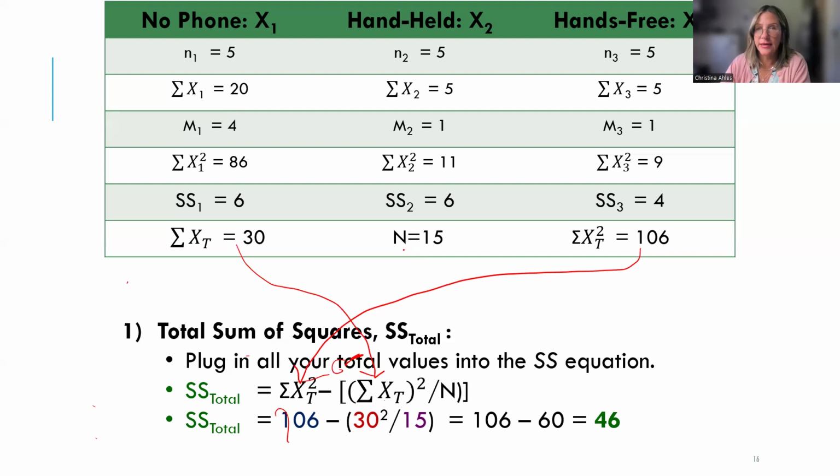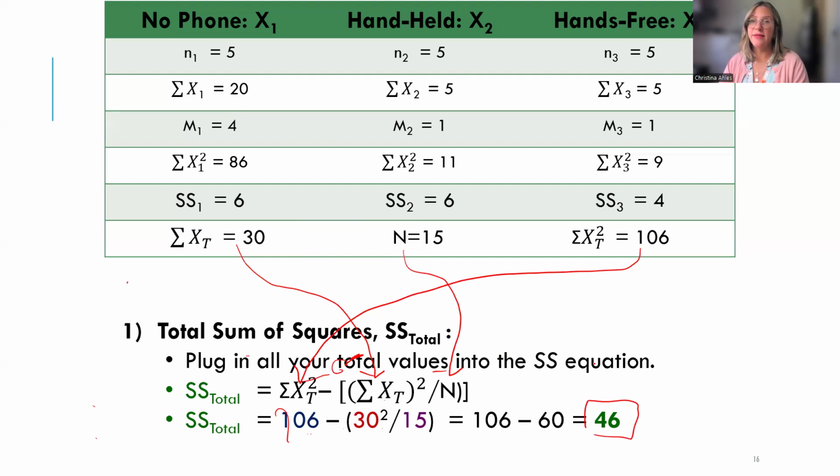And our n is the total number of participants, which comes right here. It is really the same equation as you've had before for sums of squares, but now we're using the total study altogether. So 106 minus 30 squared divided by 15, which ends up being 46, is our sums of squares total.